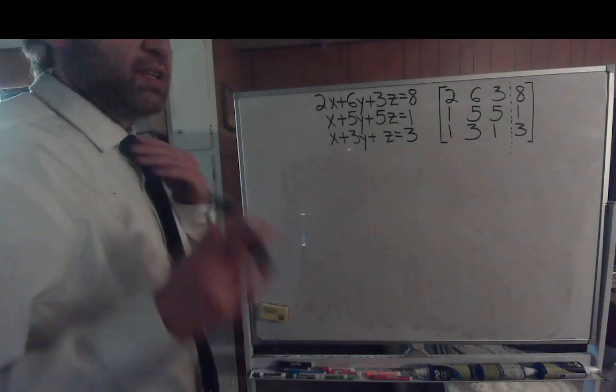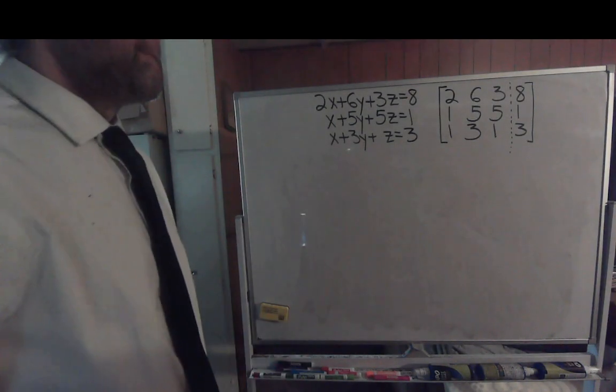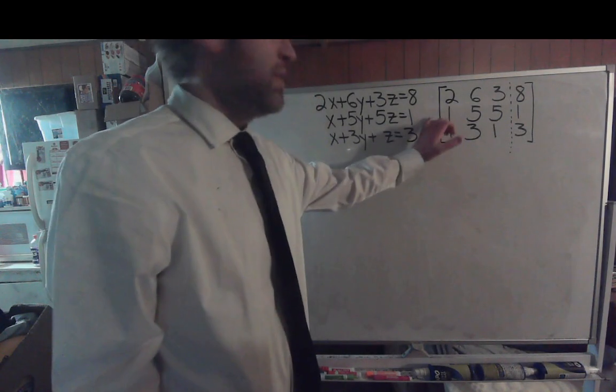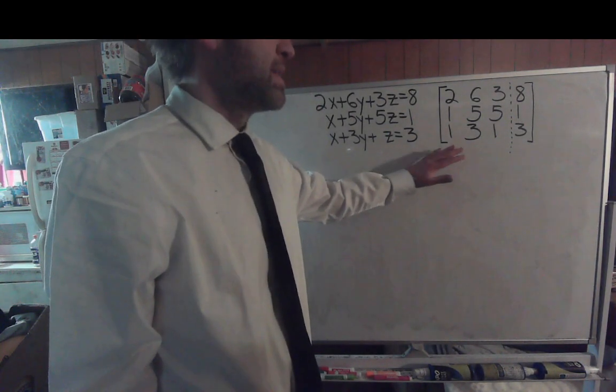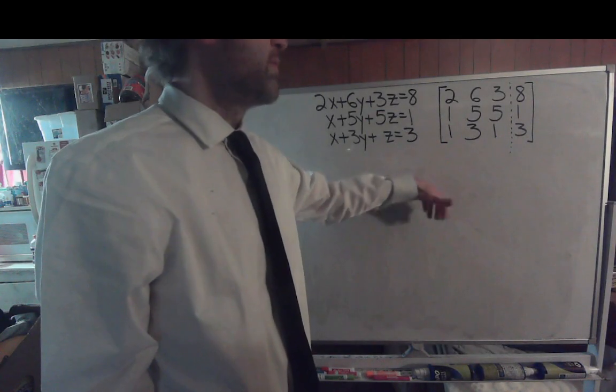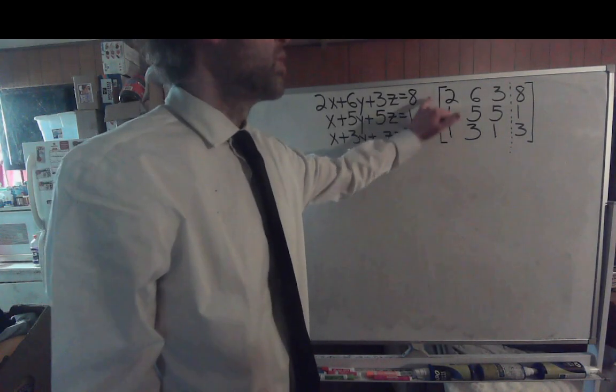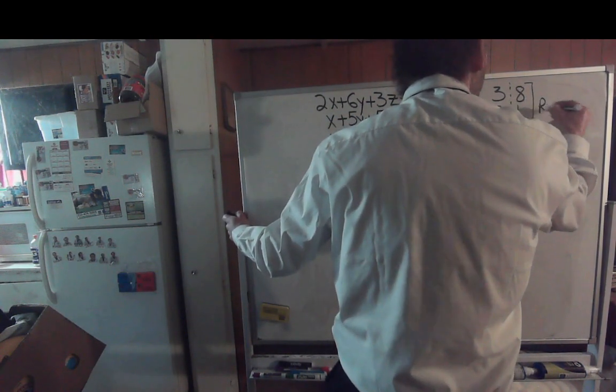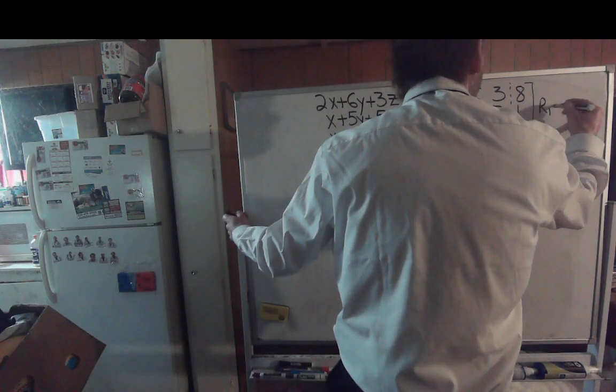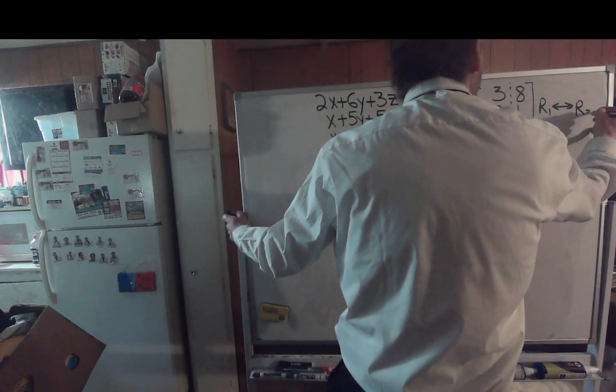Again, as I said in the last exercise, if you can, swap rows so that the leading digit in your first row is a 1. We're going to swap rows 1 and 3 again. We'll just start there. That's going to make life a little bit easier.